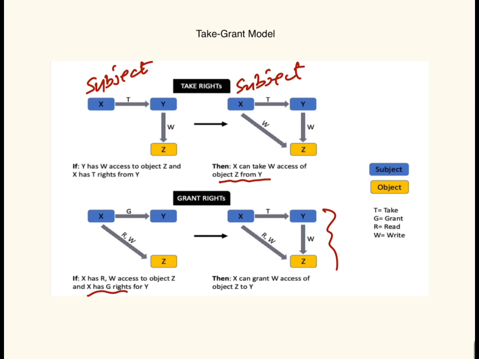It is primarily a graph-based model, as we can see in this diagram, and it helps determine if unauthorized access could occur. It does not enforce any security policy. It is only for analysis purposes, to see the existing permissions in the system.